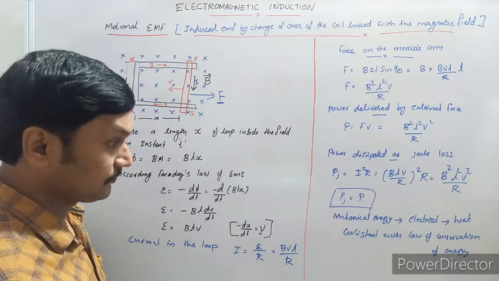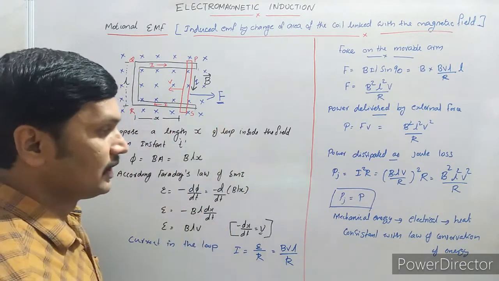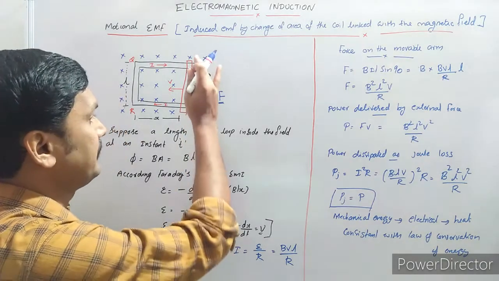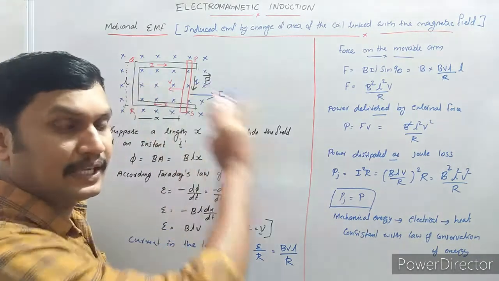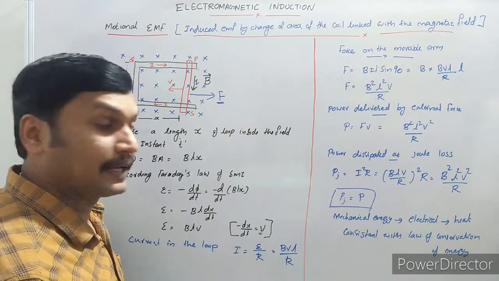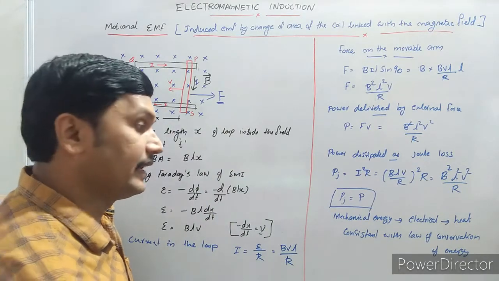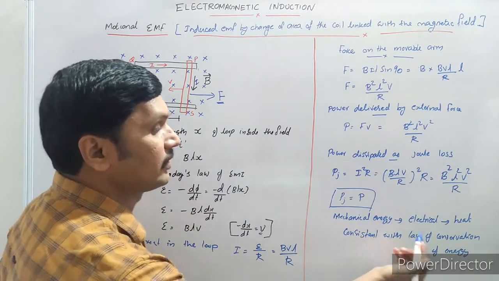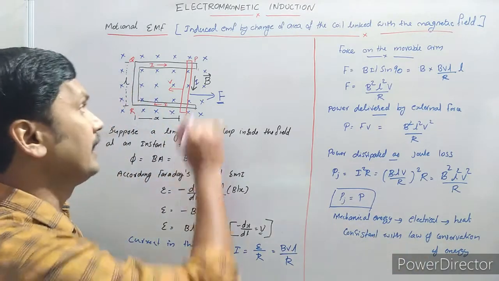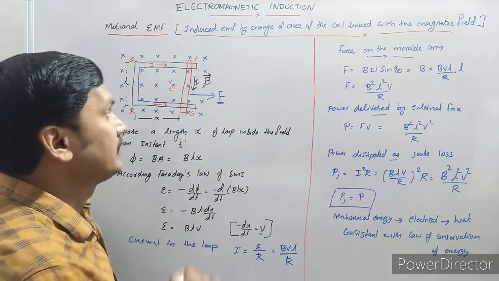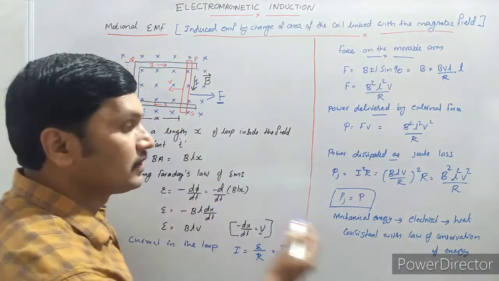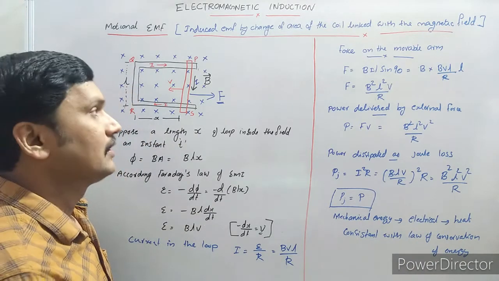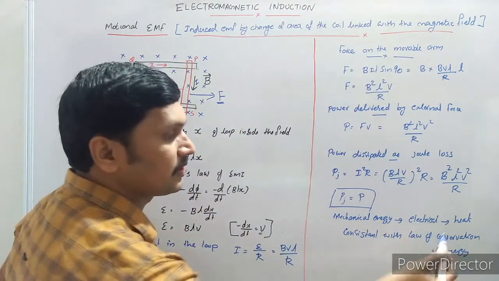So we can say that once the process continues, first the mechanical energy: in order to move this PQ, we apply some external force, so we are doing some mechanical work. This mechanical energy is first converted into electrical energy, since an EMF and a current are produced in this coil. Then the electrical energy is converted into heat energy.